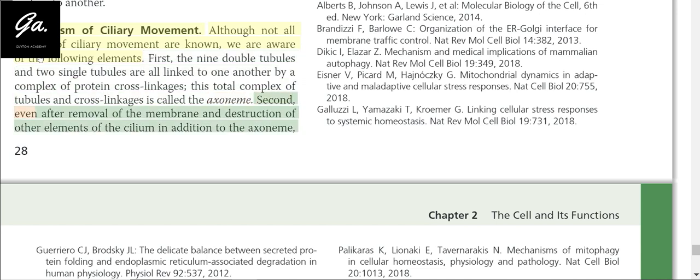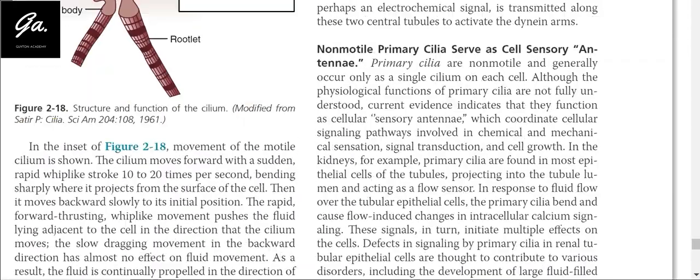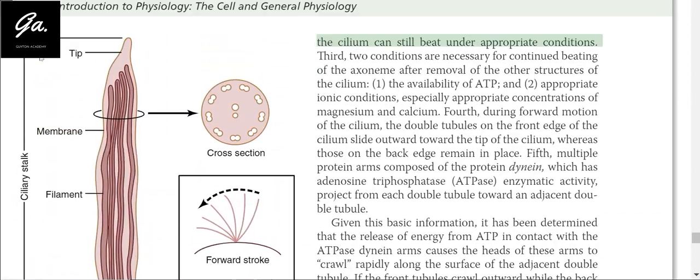Second, even after removal of the membrane and destruction of other elements of the cilium in addition to the axoneme, the cilium can still beat under appropriate conditions. Third, 2 conditions are necessary for continued beating of the axoneme after removal of the other structures of the cilium: the availability of ADP, and appropriate ionic conditions, especially appropriate concentrations of magnesium and calcium.